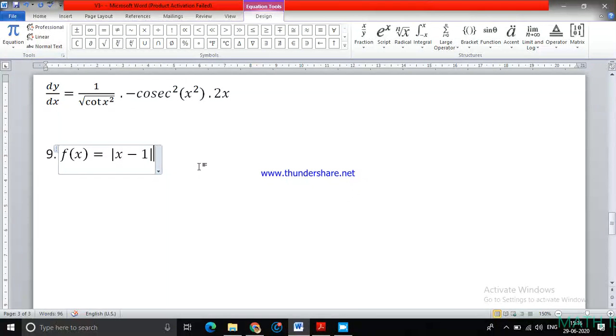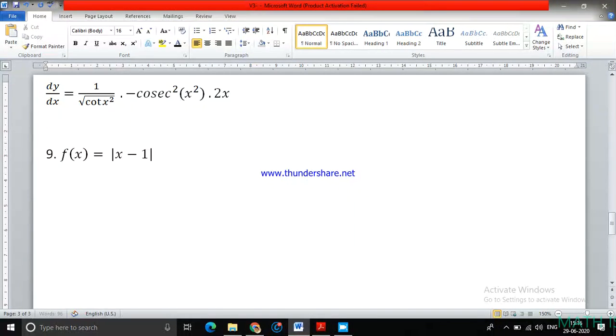You have to find the differentiability at x equals 1. So at x equals 1, I have to find when x is less than 1 and when x is greater than 1. So let me see here. At x is less than 1.